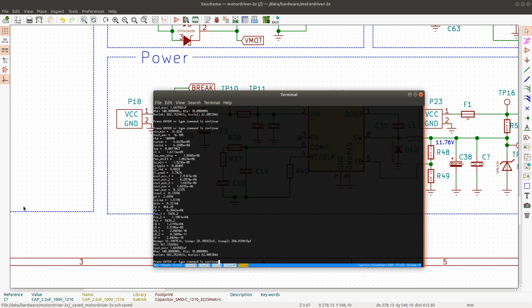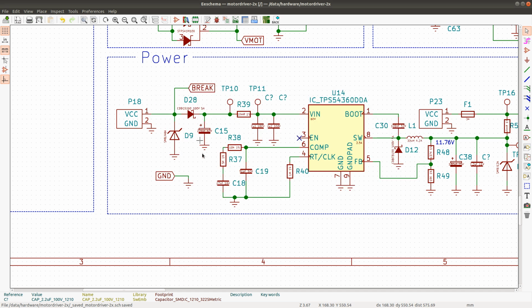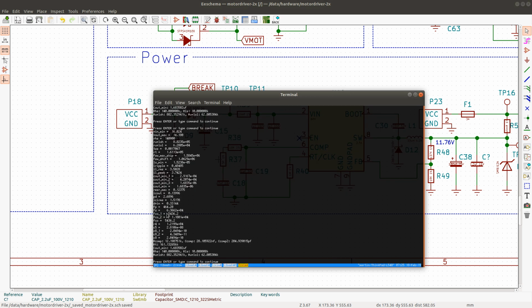So we got that, and this calculates this voltage ripple on the input, which is going to be smoothed out by this capacitor, by the way, anyway. So let's see. And then we have the frequency pole and frequency 0. And this is determined by the output ESR on the output capacitor.